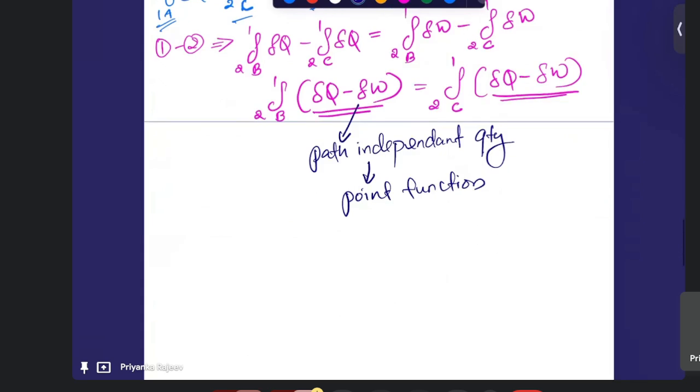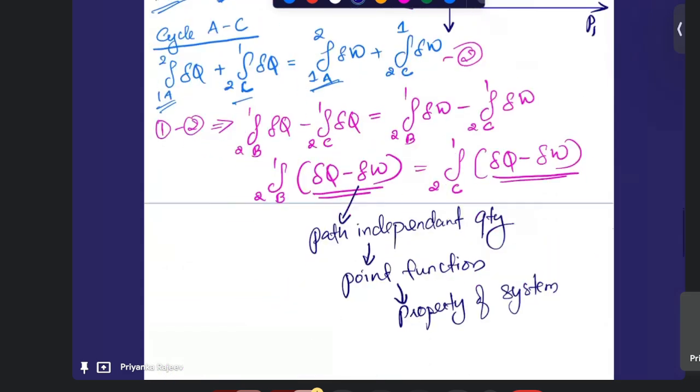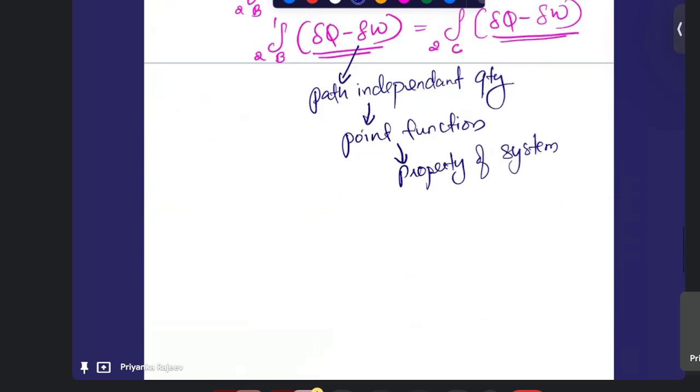So this point function is a property of the system, because any point is a state, and that state is defined by the properties of the system. So this delta Q minus delta W is also a property of the system. That property is energy of the system, E.